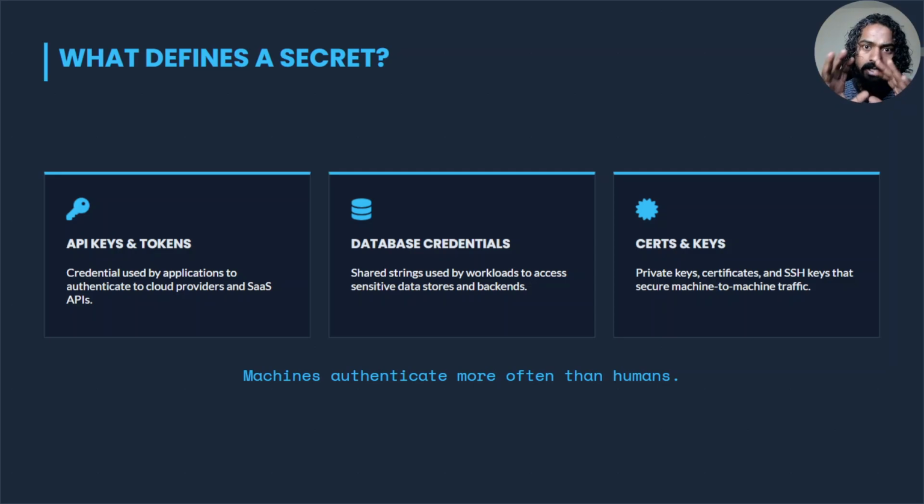And here's the important shift. Machines authenticate far more frequently than humans do. Do you agree? Yes. Every microservice call, every deployment, every automation workflow, it all uses secrets, right? So the real identity problem today is not just users, it's the workloads.